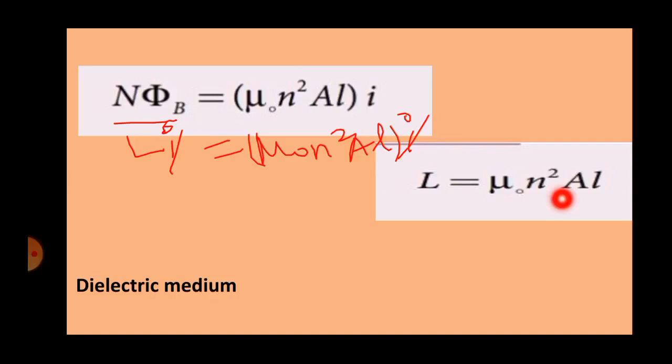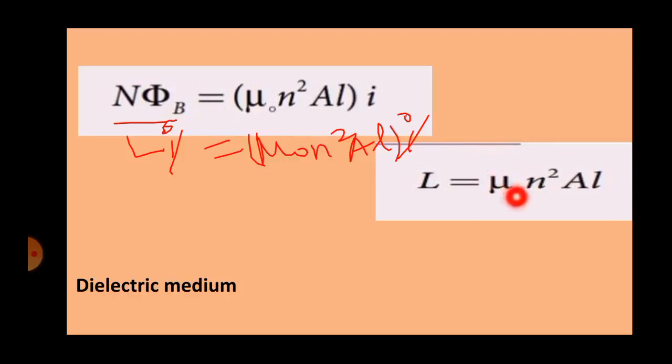Understand? Okay. From this equation, it is clear that the inductance of the coil is directly proportional to the square of n, the density of the turns, to the area of cross section, to the length of the solenoid, and to the medium present inside the solenoid. This is the permeability of free space.